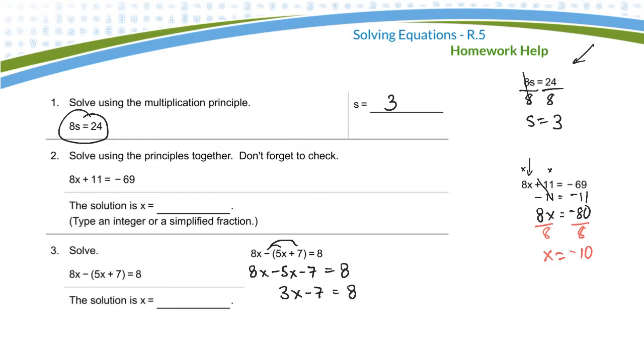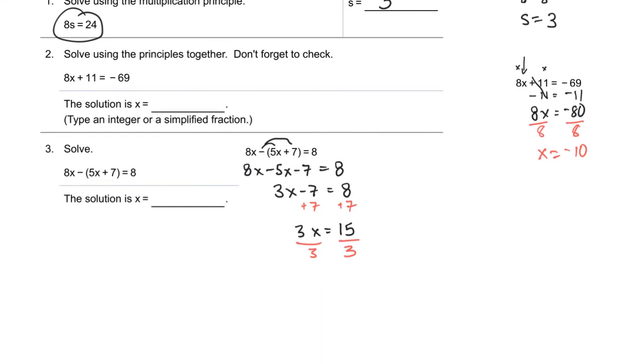Now I'll use the addition principle to get rid of that 7. Move it over, so I'll have 3x is equal to 8 plus 7, which looks to be 15. And then I'll use the division principle. Divide both sides by 3, and that'll leave me with an x on the left side. 15 divided by 3, 5.